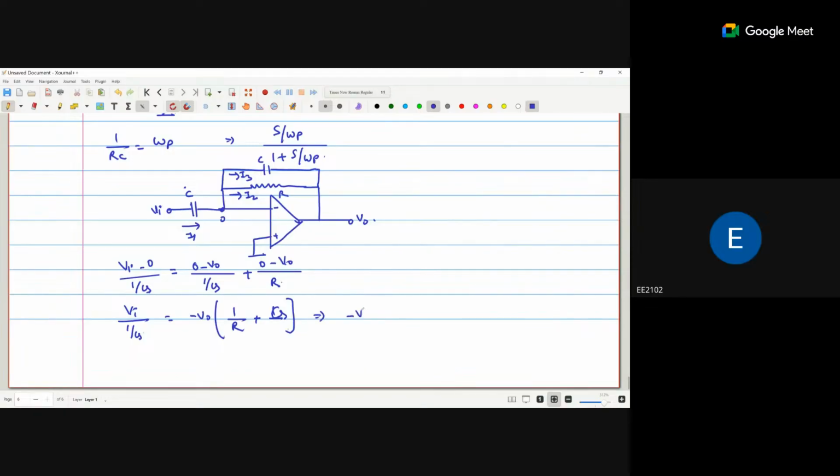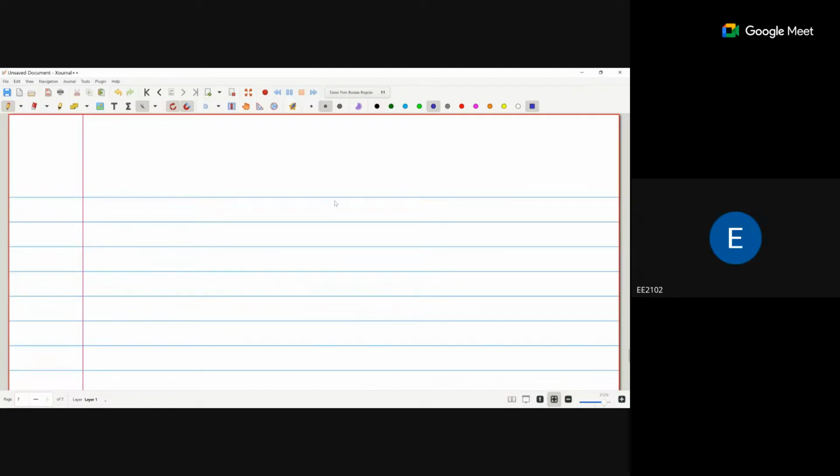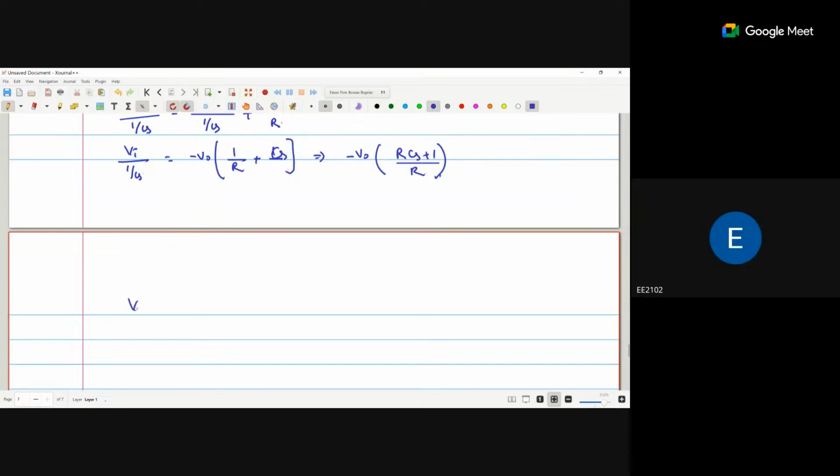So that is equal to minus V0 times RCS plus 1 upon R. If I take the Vi, V0 upon Vi is nothing but R upon 1 plus RCS divided by 1 upon C. So that is nothing but RCS upon 1 plus RCS. Same response as high pass.